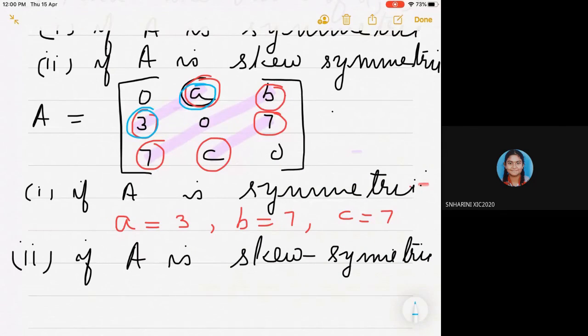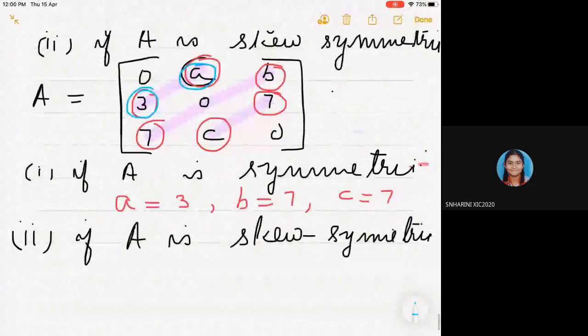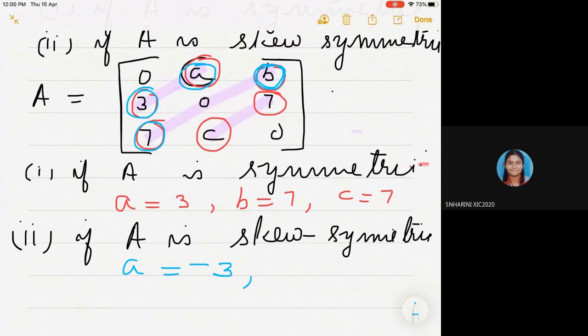A must be minus 3. Now B equals minus 7. They should be of opposite sign. And this C and this one should be of opposite sign. So C is minus 7.